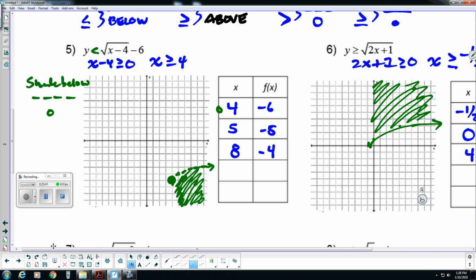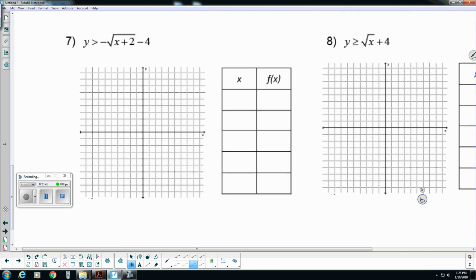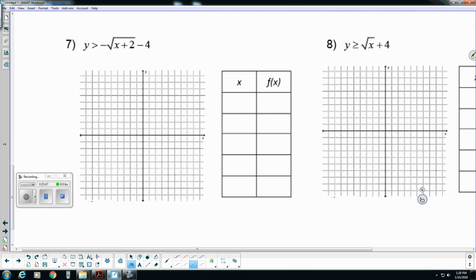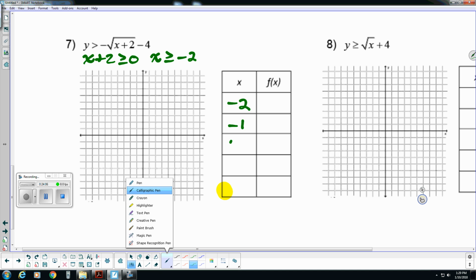All righty, two more. Number 7. Establish your starting point. We're going to start at -2. I'm going to pick -1, and I'm going to pick 2.